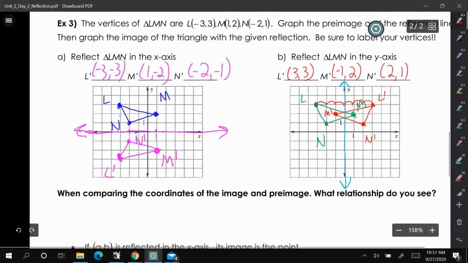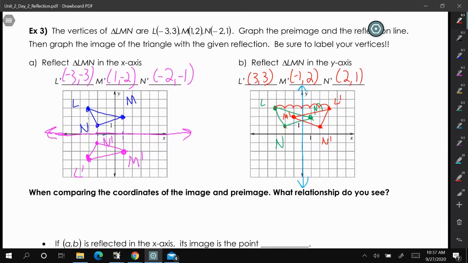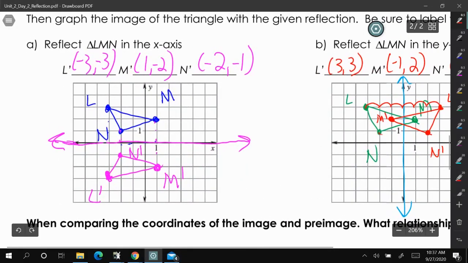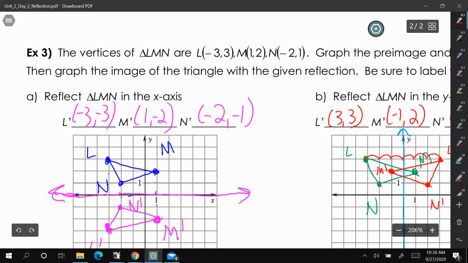So if we look at these points and then the reflected images over the x and y axis, look at the x-axis first. All that changed was that the y value changed signs. So the y value was positive 3 for L, and in L prime it was negative 3.